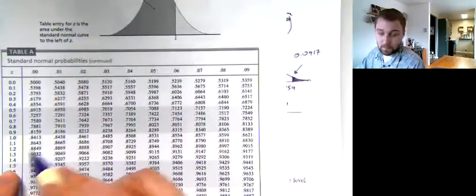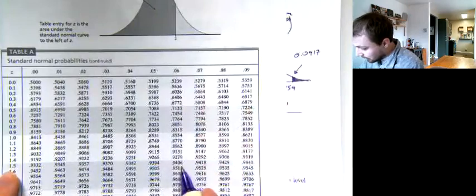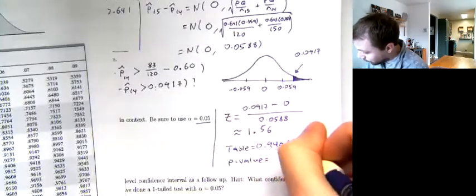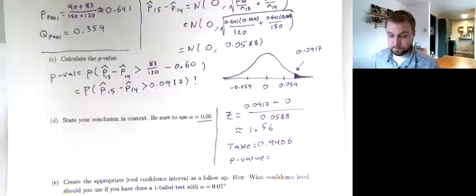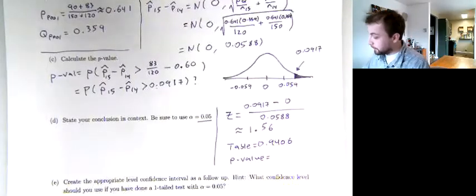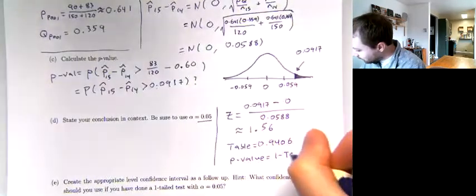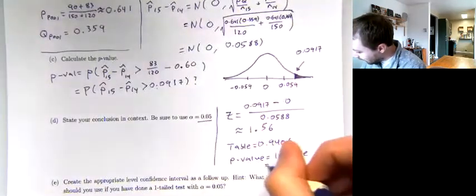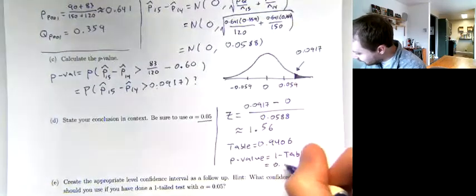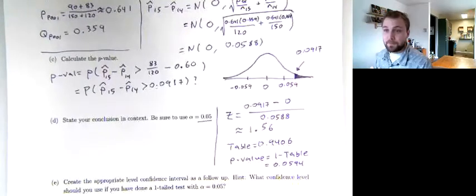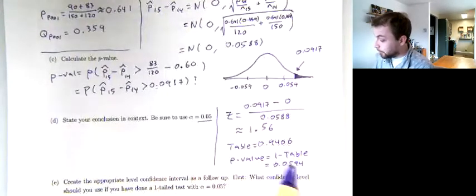I'm going to go through this. 1.5 meets the 6. I'm looking at a table value of 94.06%. I notice that my picture here is shaded to the right, so I want 1 minus the table value to get my p-value. 1 minus this gives me 0.0594 or so. My alpha level was 5%.